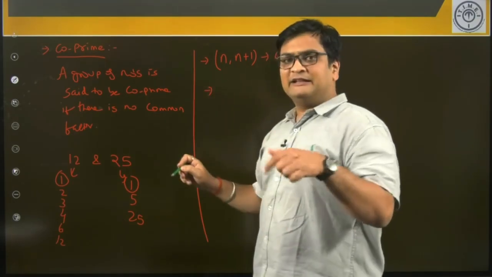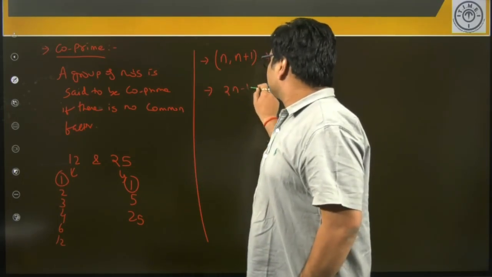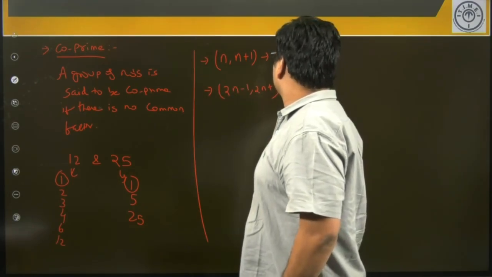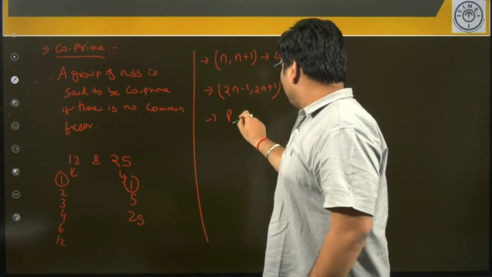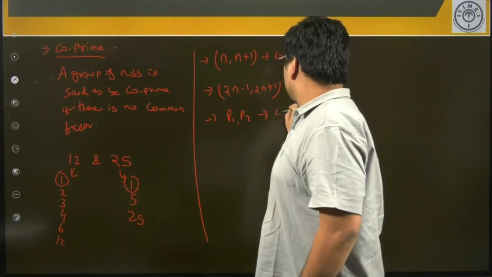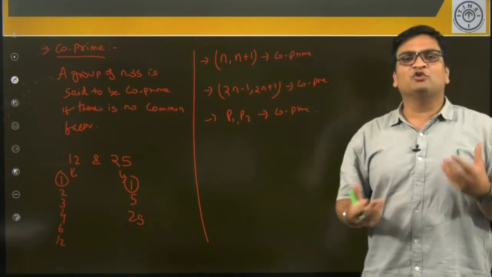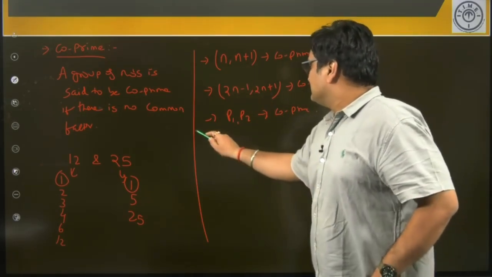If you take any two consecutive odd numbers, they will always be coprime. If you take any two prime numbers, they will always be coprime. So, these are some standard pairs of numbers which shall always be coprime.